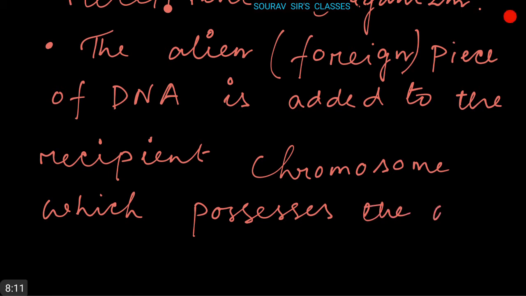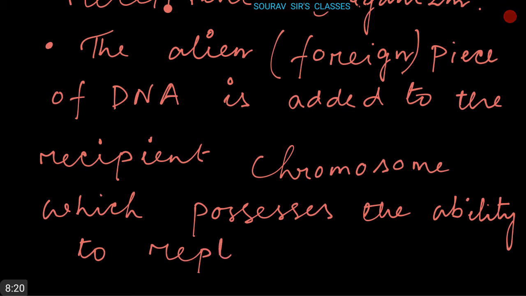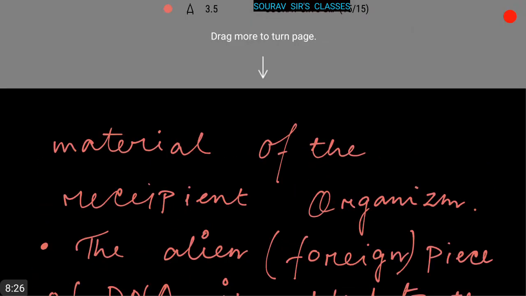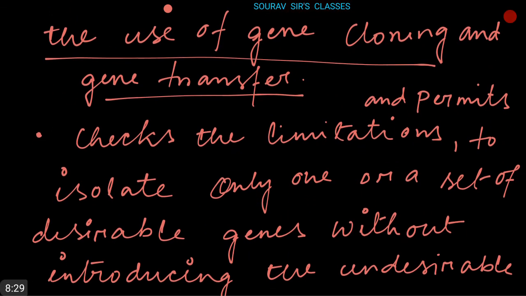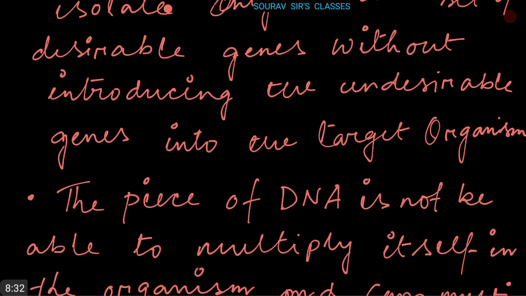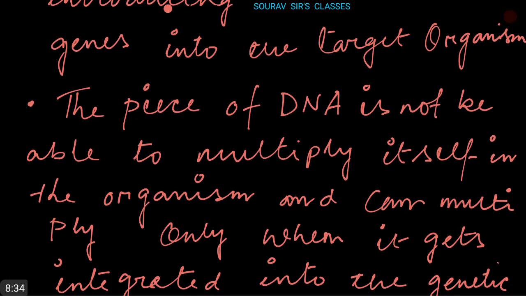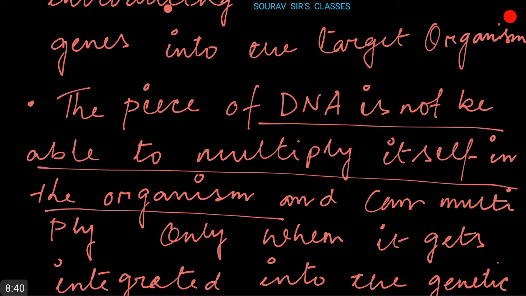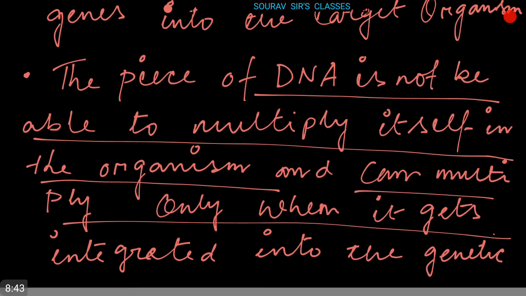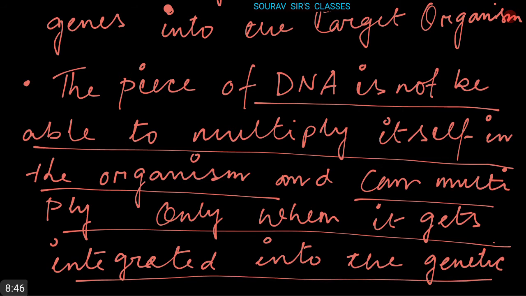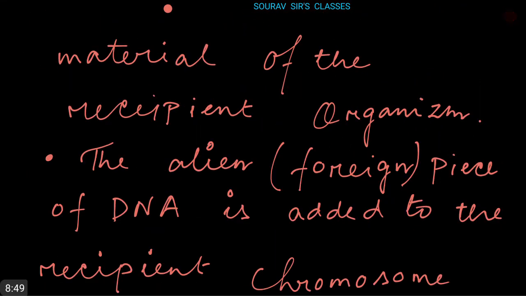So, we said that the piece of DNA is not able to multiply itself in the organism and can multiply only when it gets integrated into the genetic material of the recipient organism.